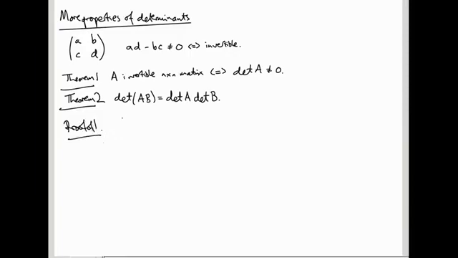So first, we recall that a matrix A is invertible if and only if its reduced echelon form is the identity matrix. So this is what we're going to use.